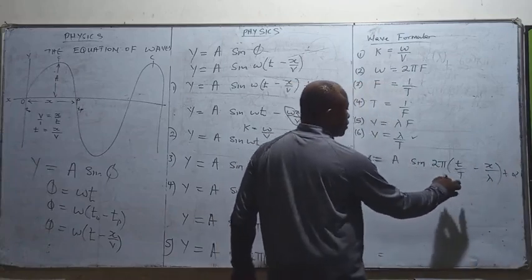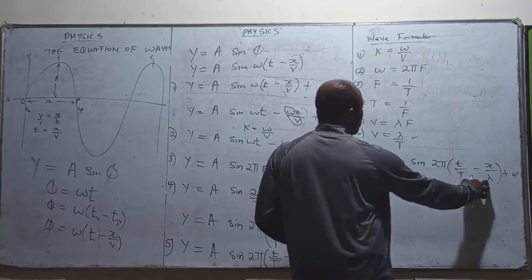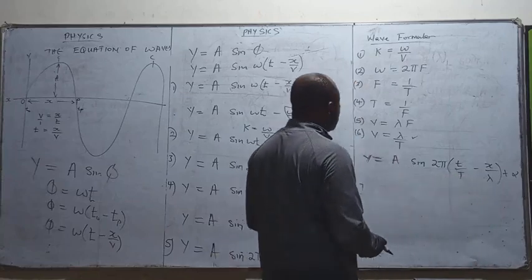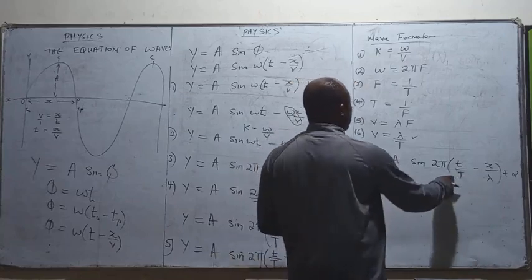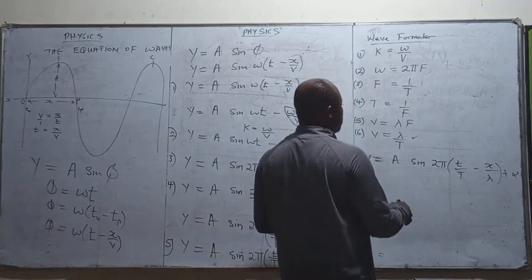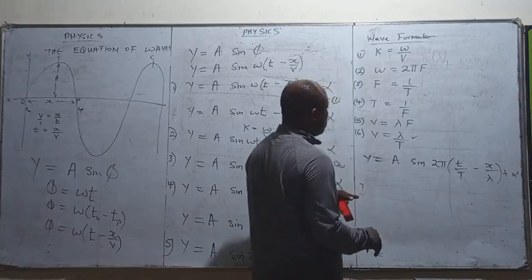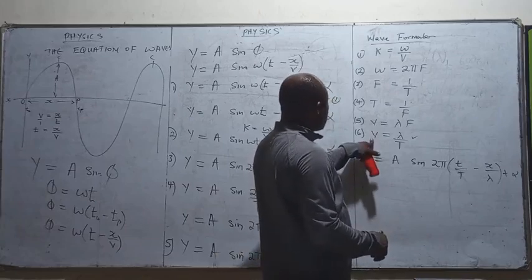Now I want to replace T now with lambda. What do we do? So in place of T, we build it with lambda. So we'll come back again to equation 6.